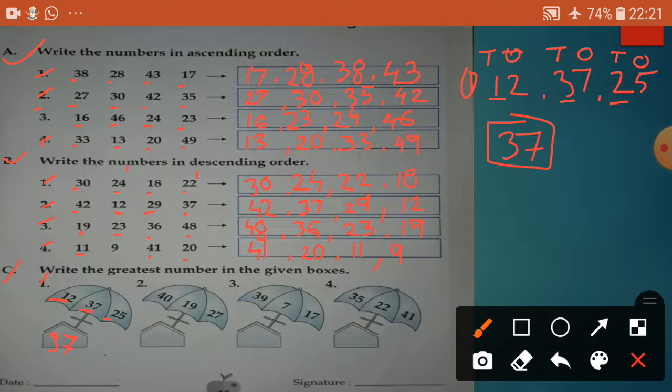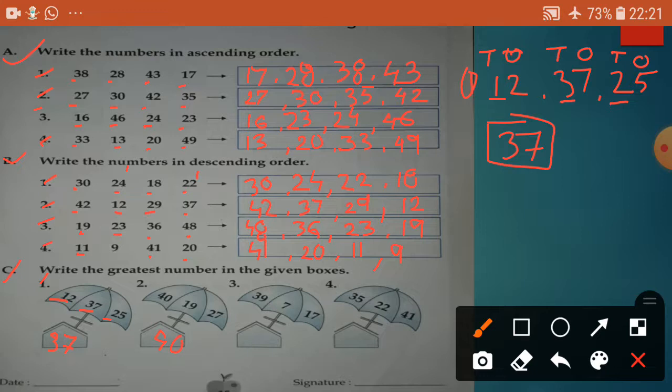Next you see 40, 19, 27. See 40 big number, 4 tens. So you write here 40. It's very easy. I hope everyone understood. See here 39, 7 ones. 17.